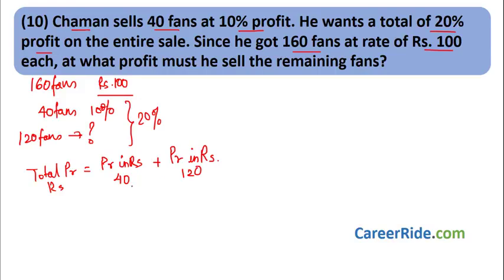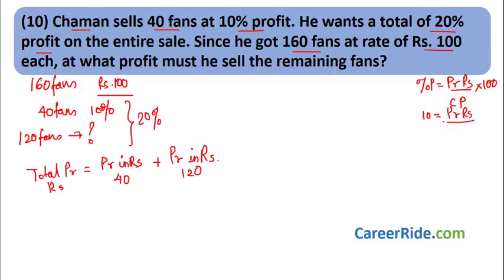Now let us see how to find profit in rupees. We know the formula: percentage profit is nothing but profit in rupees divided by cost price multiplied by 100. So Chaman is getting 10% profit for 40 fans, so profit percent is 10. Profit in rupees we do not know. What is the cost price for 40 fans?